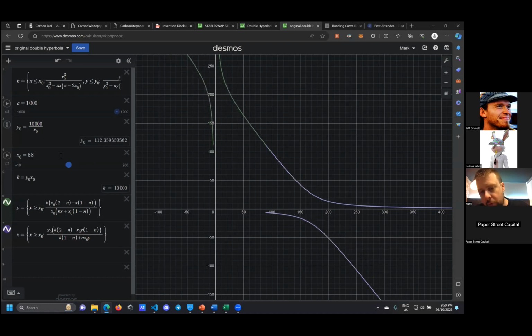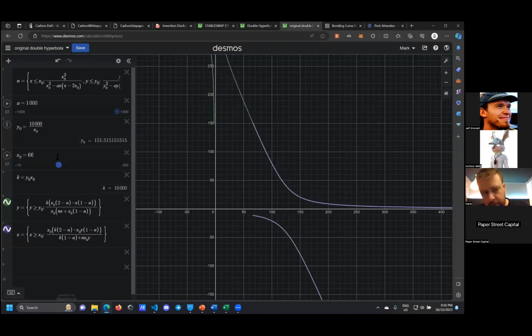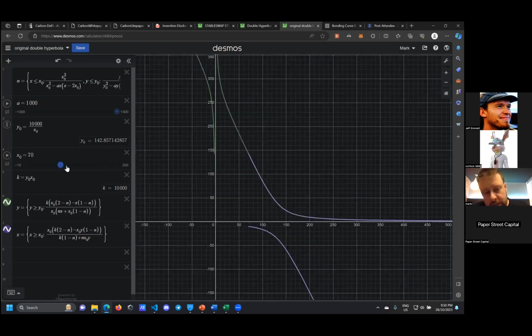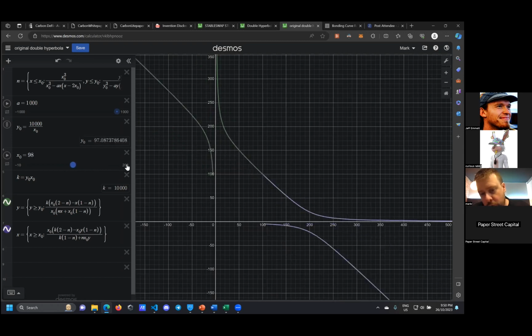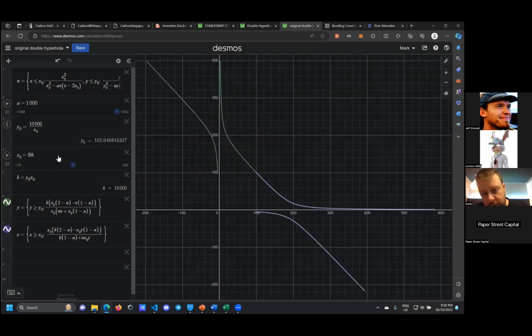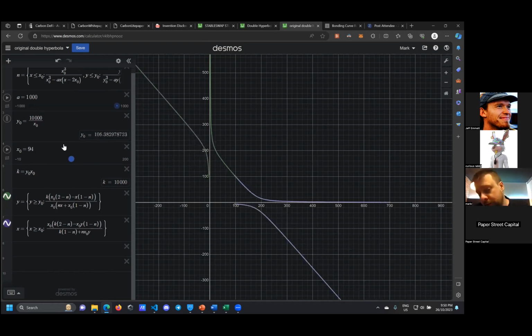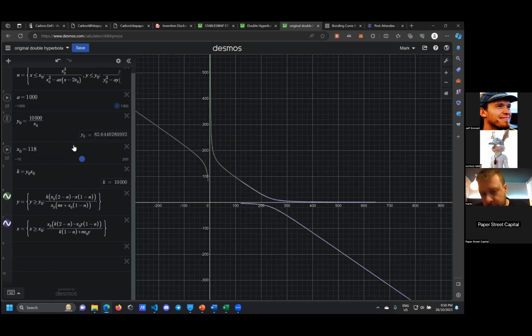In the Curve V1 stable and in the Solidly stable, you can only achieve one-to-one swap rates. But in this case, we can create arbitrary stable swap rates at any rate.